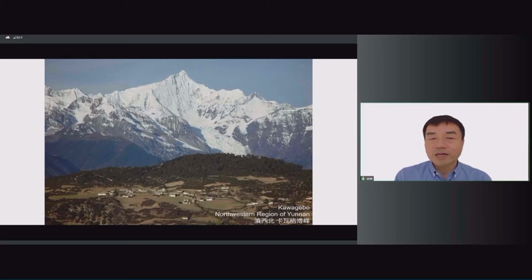Because in this area, the biodiversity, cultural diversity, everything is diverse, and it's so amazing. It's a world natural and cultural heritage, and I think it could be top of the 5 world natural heritage around the world. So at that time, I made the decision to contribute my whole life to help China to build a national park and the protected area systems.